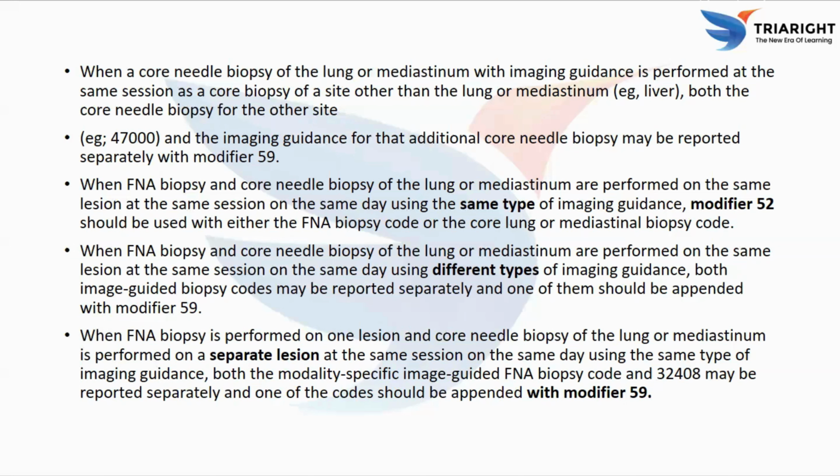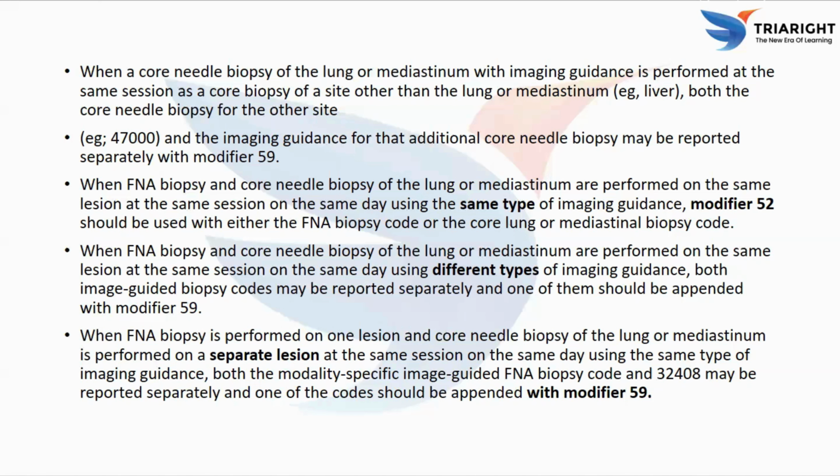You can also report the imaging guidance for the liver biopsy. You can append modifier 59 to the liver biopsy. Why? Because these are different anatomical sites. 32408 bundles the imaging only for the lung or mediastinum, not for other organs.